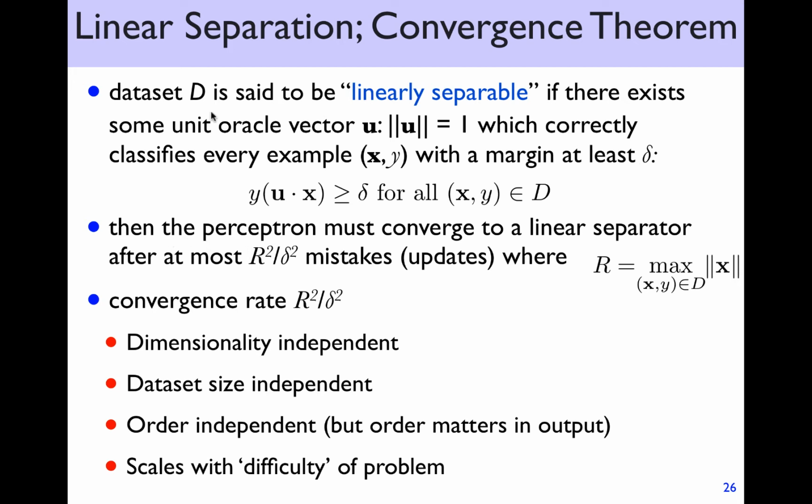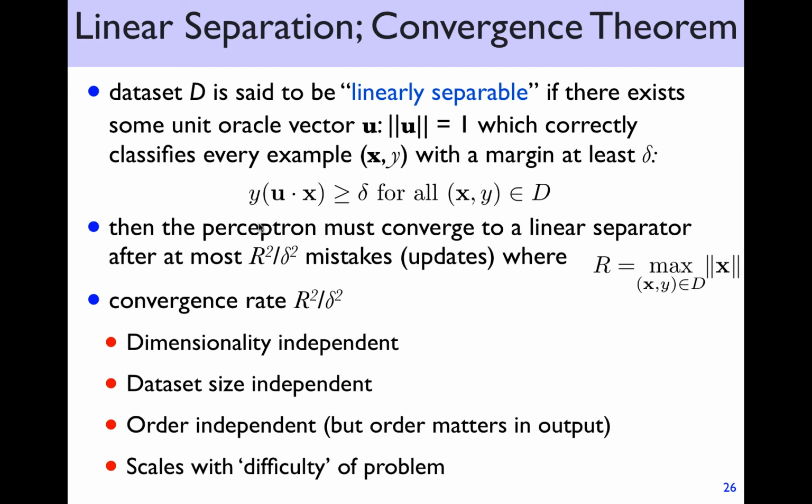If the data set is linearly separable, then we have this convergence theorem that the perceptron can be shown to converge to some linear separator. Not necessarily the same as the oracle vector.